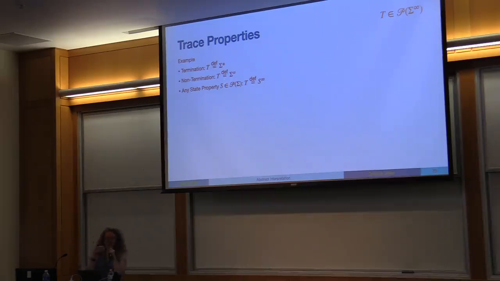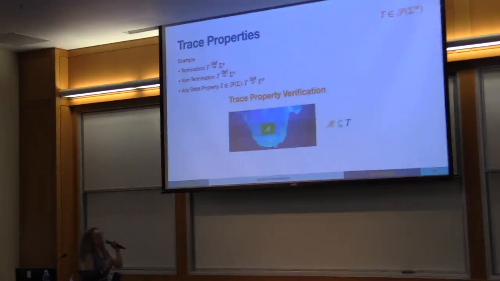And actually, any state property can be turned into a trace property just by taking the states and concatenating them in an infinite sequence. In the general case, the verification of a trace property has to happen here at the bottom. You have to check that your maximal trace semantics is included in the set of traces of the property that you want.